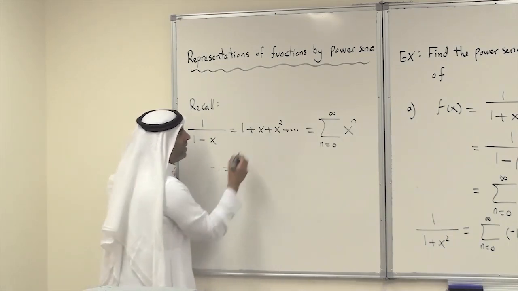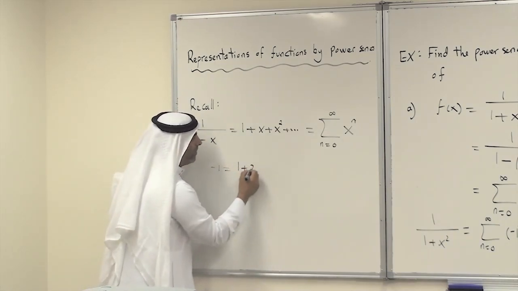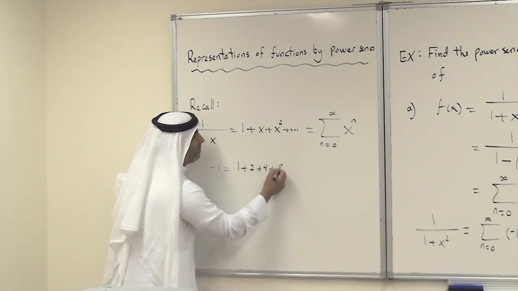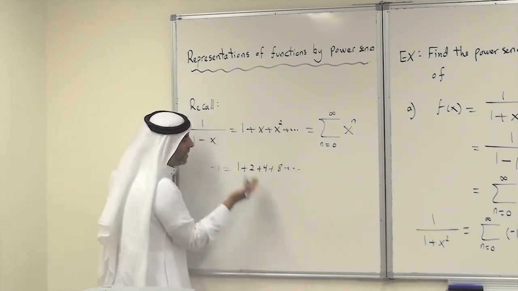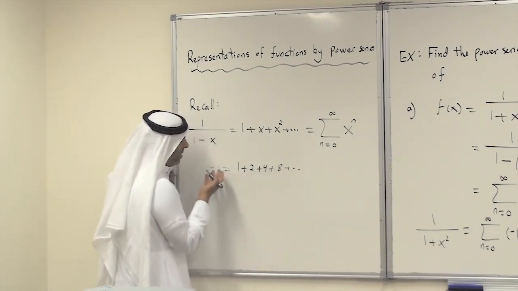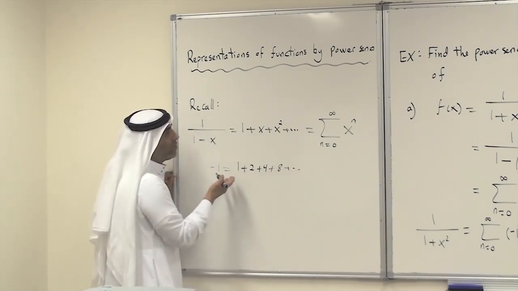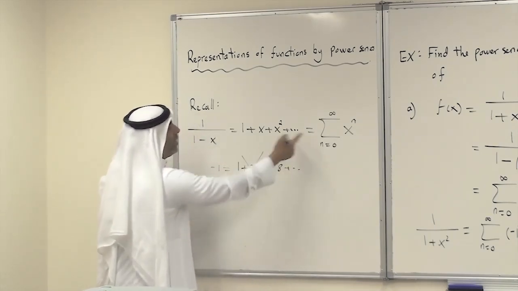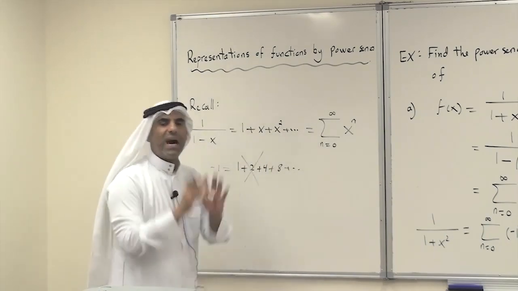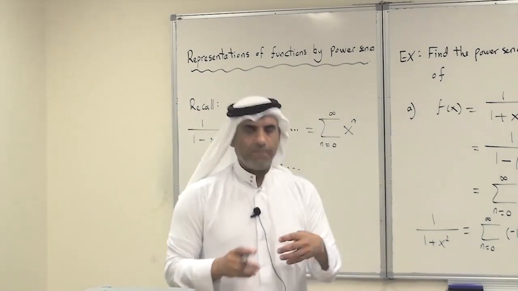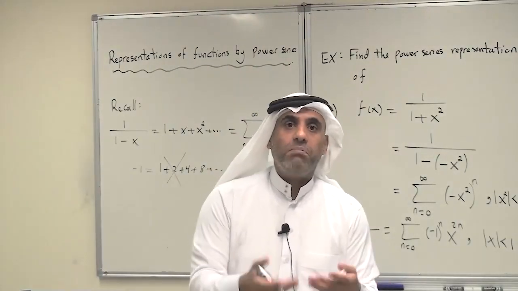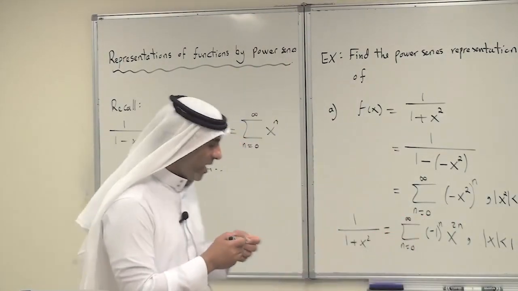And on the other side, he will get 1 plus 2 plus 4 plus 8 plus etc. And this is not possible. You are adding positive numbers, so no way you can get minus 1. Why is this wrong? Because we are substituting by a point which is outside the region of convergence. So for sure, this will give a meaningless equation. Okay, fine.